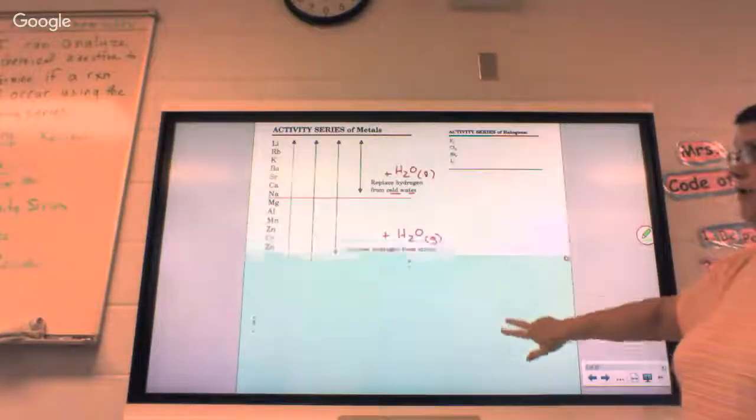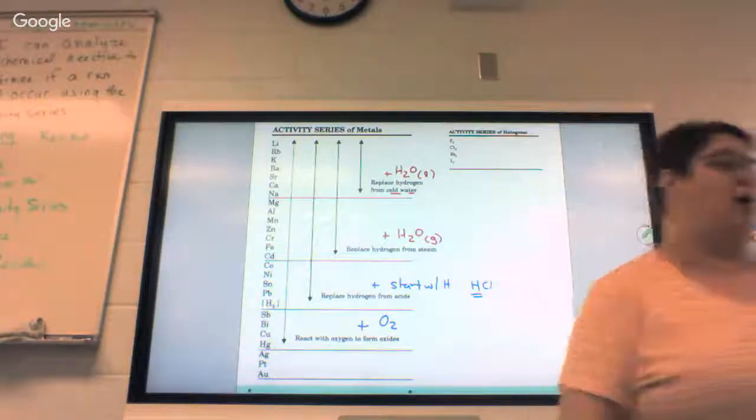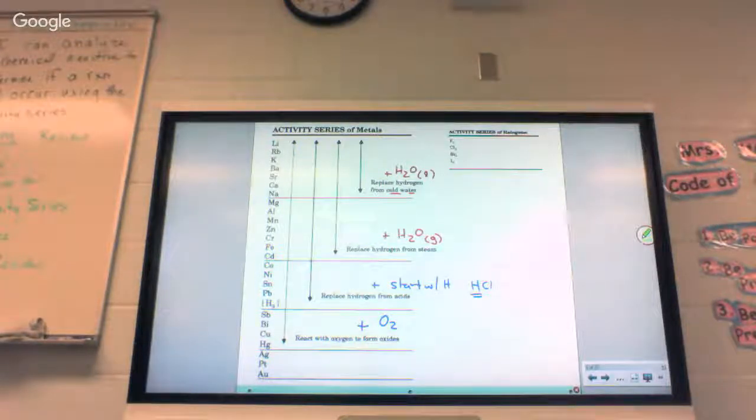Organic is the study of carbon compounds. All right, on your reference table, you get to write on it. Now, again, by January, you will know these things.